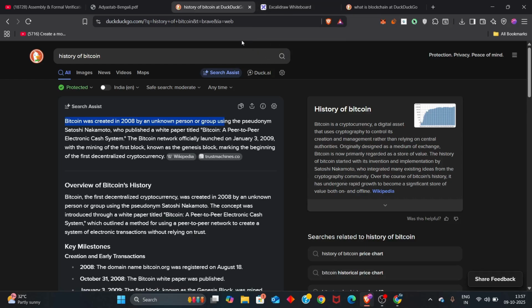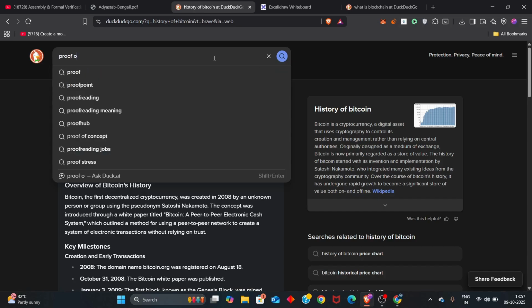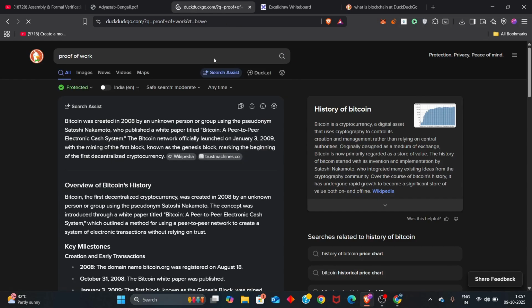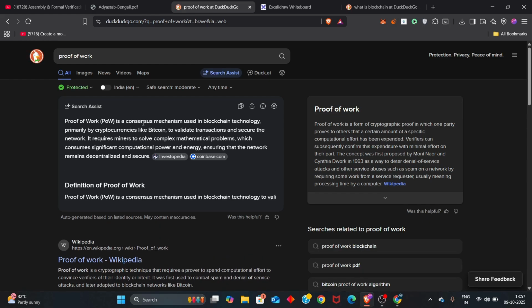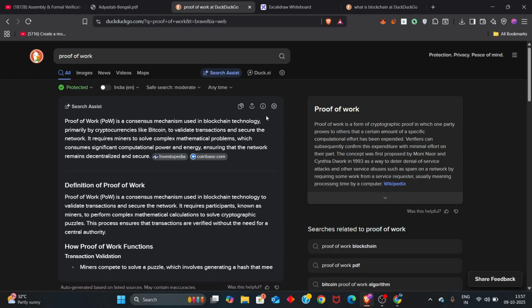If I type proof of work, yes, this has come. Proof of work is a consensus mechanism used in blockchain technology, primarily by cryptocurrencies like Bitcoin, to validate transactions and secure the network. Let me explain what it means in simple language. A consensus mechanism is used when you want to add another node, another block, to the blockchain.